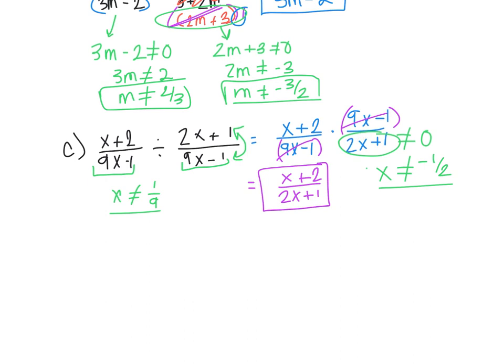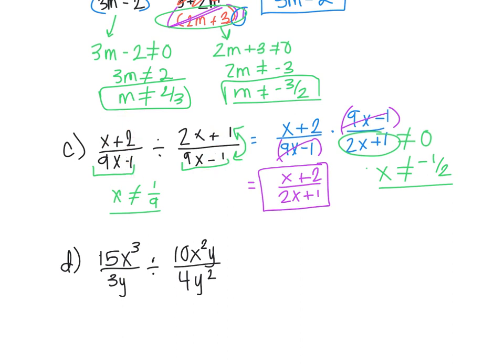Let's look at one last example here before moving on to our final set of problems. So let's do one more division. We've got 15x cubed divided by 3y. That whole fraction is divided by 10x squared times y over 4y squared. So this one's interesting because we don't have any addition or subtraction like we did up here.